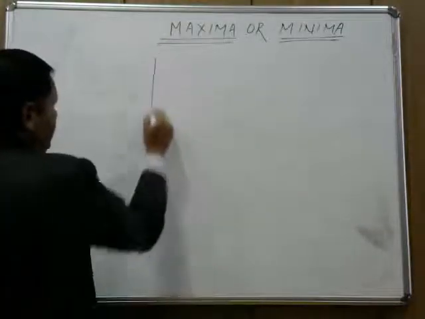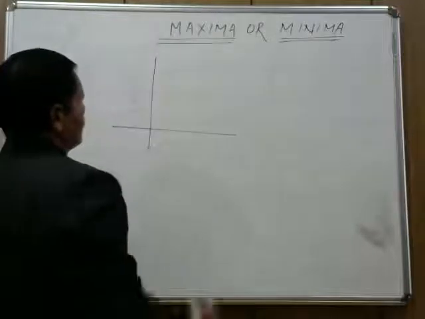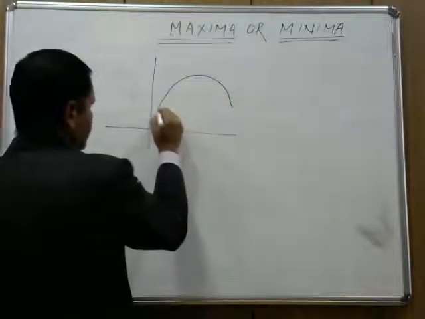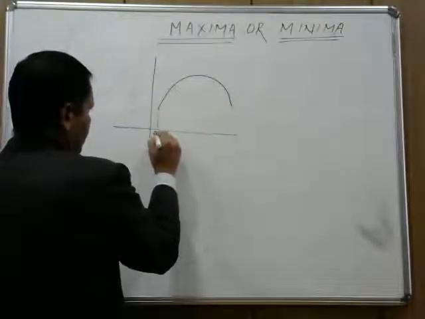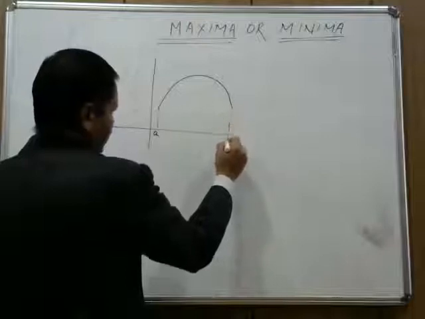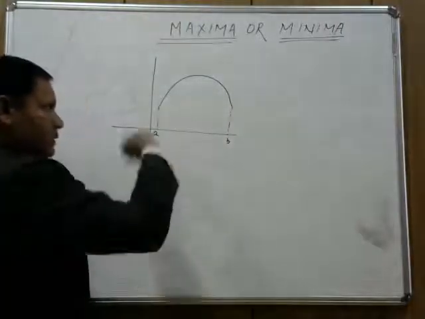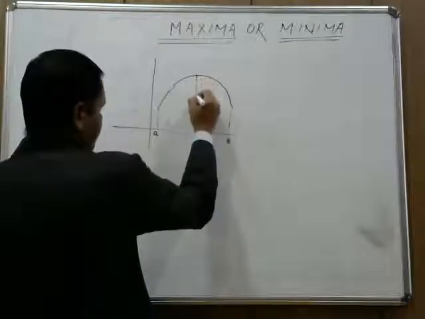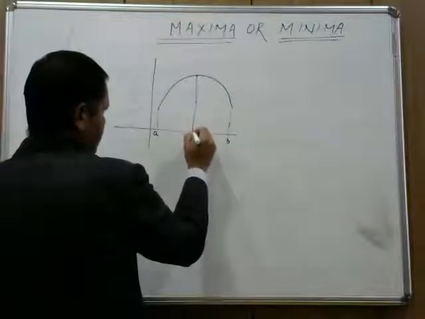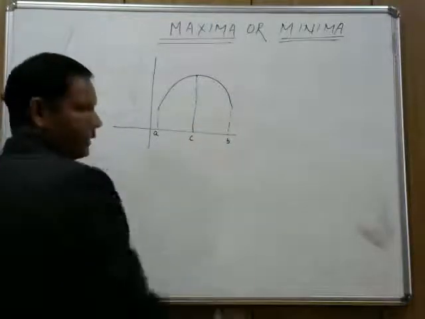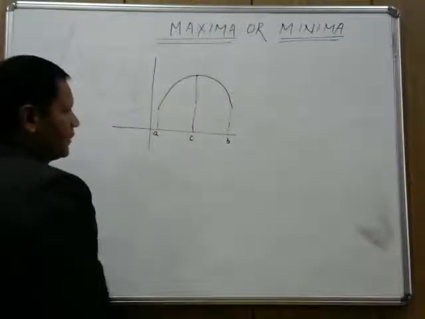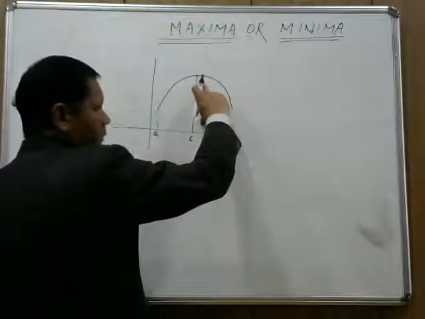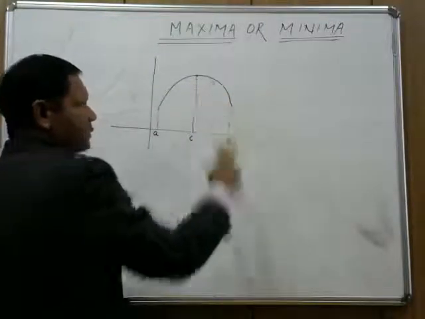Let us have a graph like this. Suppose the interval is from A to B. This function has a graph like this. At this point, suppose this point is C, lying between A and B. We find that when this is C, it has the maximum value for this given function.